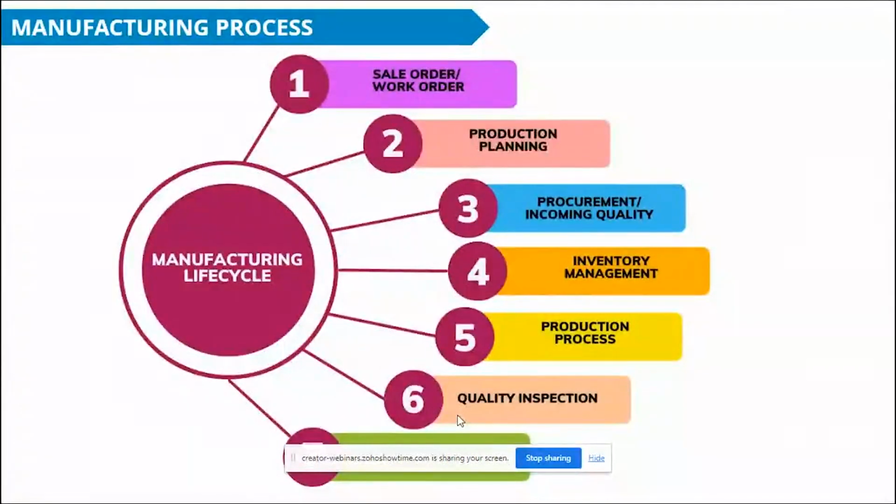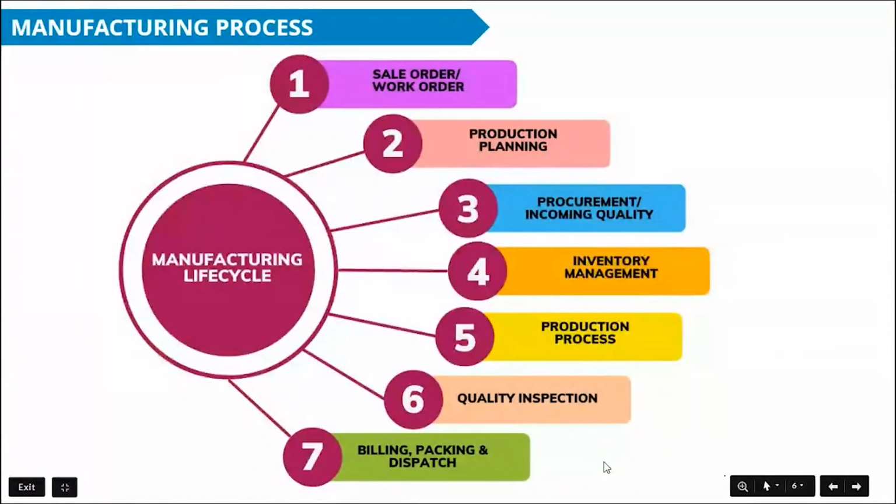And then this is the broad overlay of manufacturing lifecycle. For some of you who may not be so familiar with how a manufacturing industry works, this will be an eye-opener, starting from sale order, from where a customer gives the lead or opportunity to work with. From there, it gets into the planning, production planning and scheduling, followed by procurement, and then the raw material quality process.